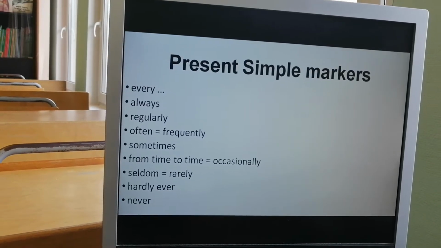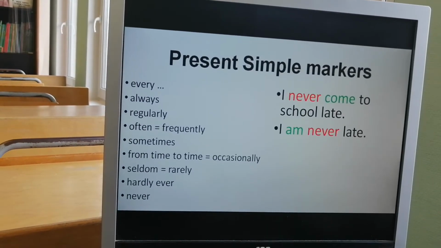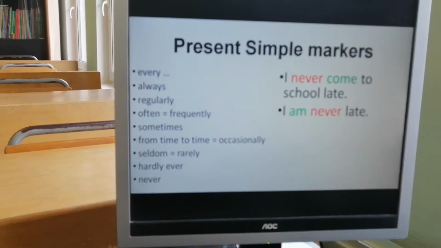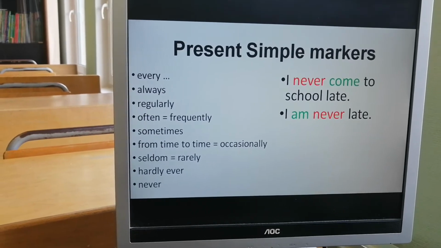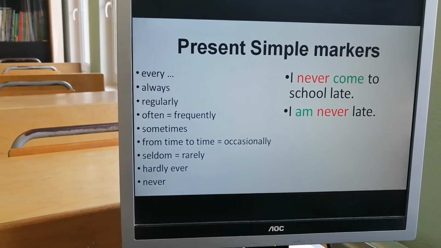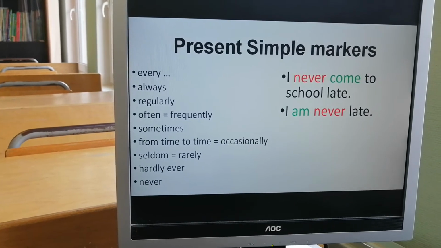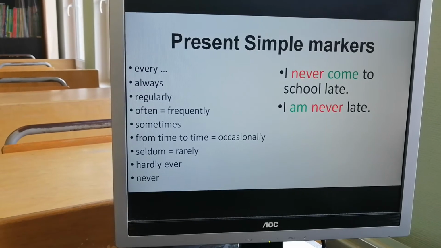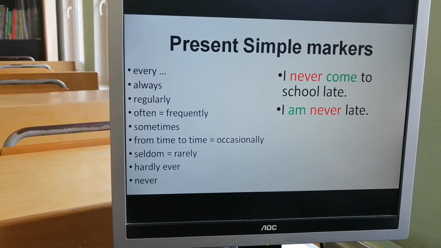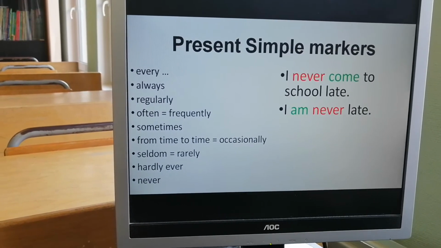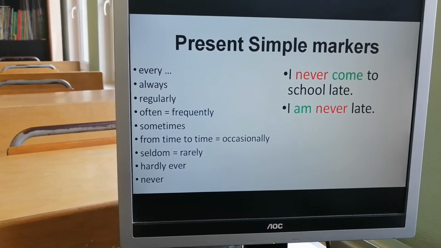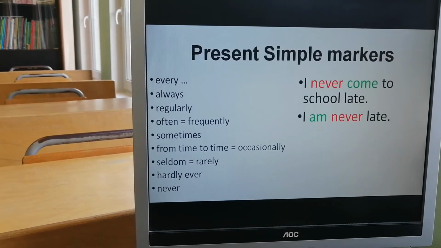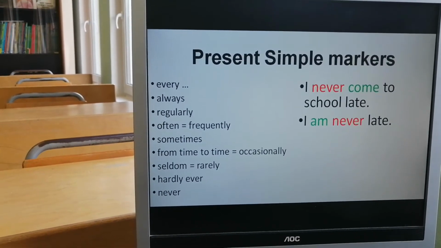Now, look at these two sentences and try to work out the rule. Where are these adverbs of frequency in the sentence? Take your time to think about it. And if you said they are before the verbs, except for the verb to be, and after it, you were right.